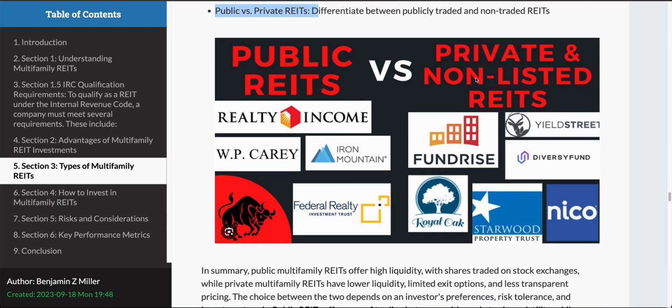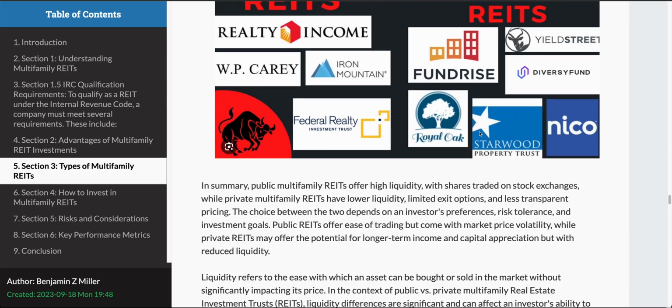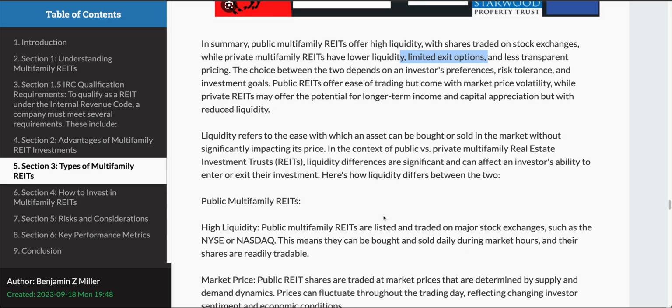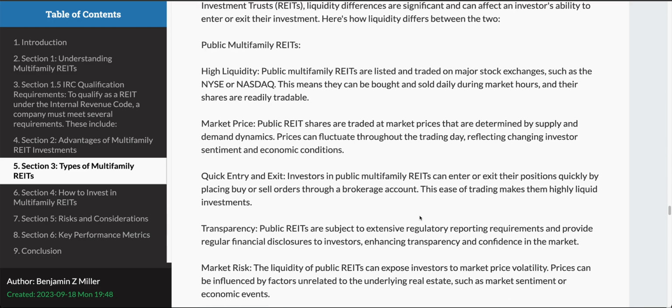So, there's the private REITs that work the same as the public REITs, but the difference is, you give up the liquidity. So public multifamily REITs offer high liquidity with the shares traded on stock exchanges, while private multifamily REITs have far lower liquidity, limited exit options, and less transparent pricing. So that's a big downside of private REITs.